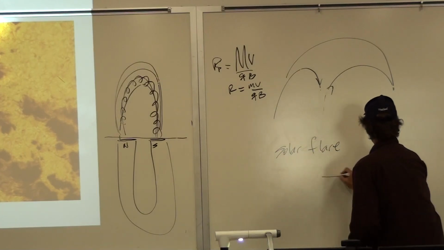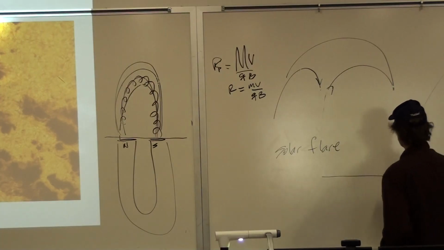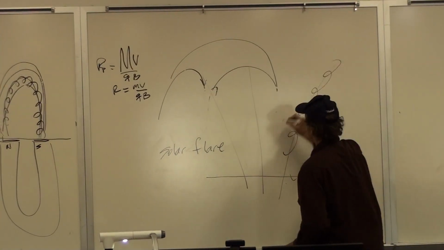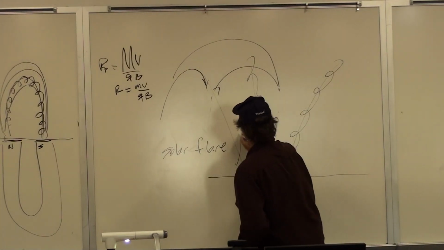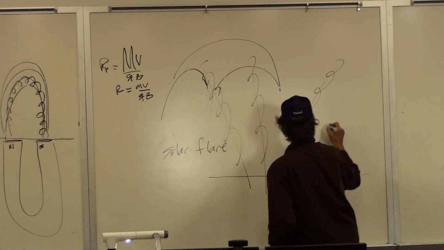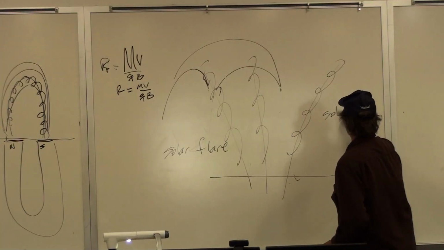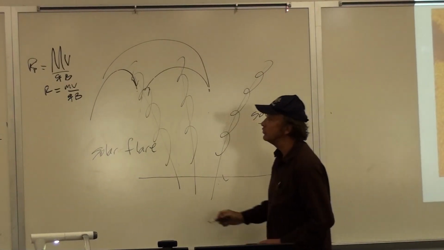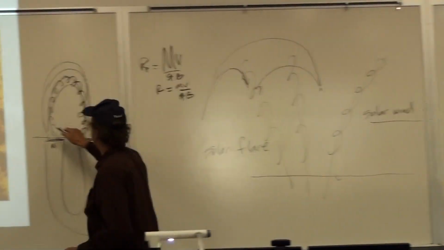Once that happens, the magnetic field in this region of space opens up, so it's no longer curved back on itself. These particles then can spiral out, and this is what we call the solar wind. So the solar wind is controlled by these sunspot pairs.